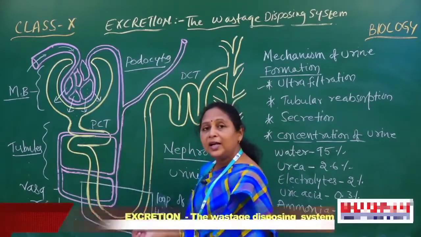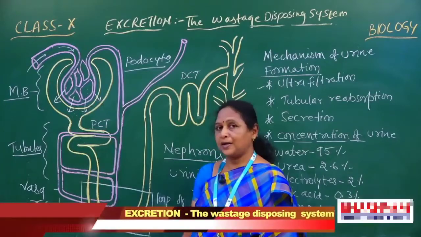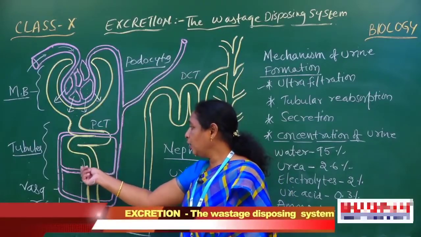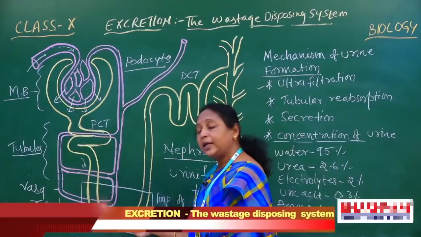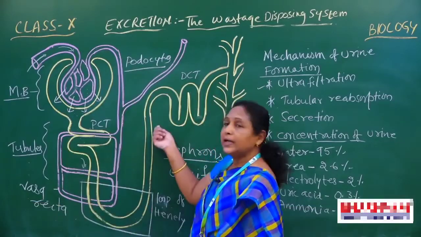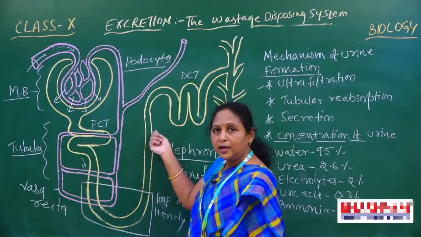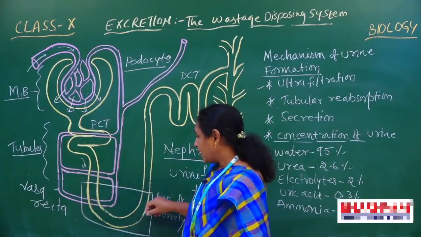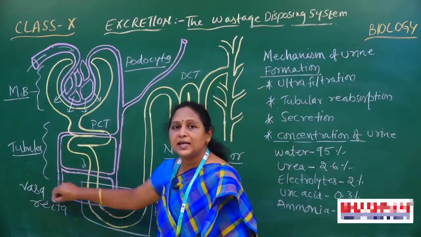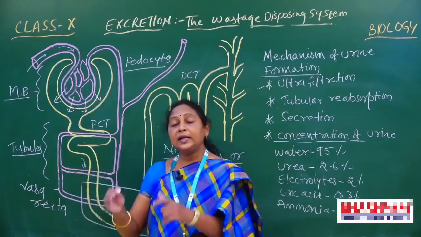So the loop of Henle has how many parts? Three parts. One is the descending loop of Henle, then the loop of Henle bend, then the ascending loop of Henle. Clear now?